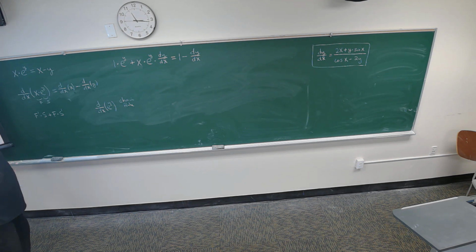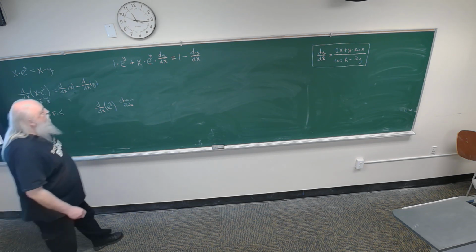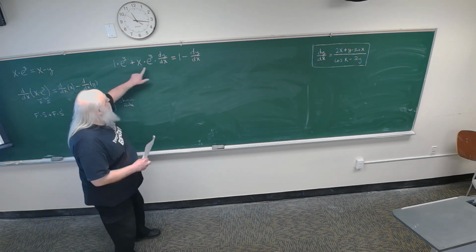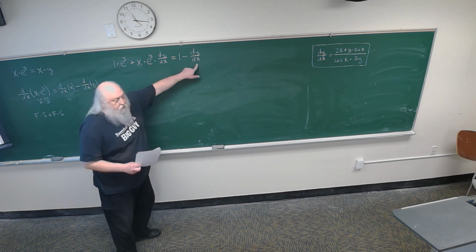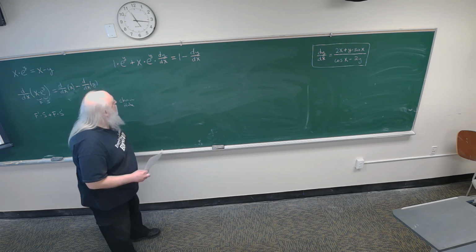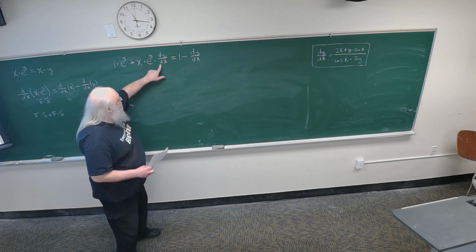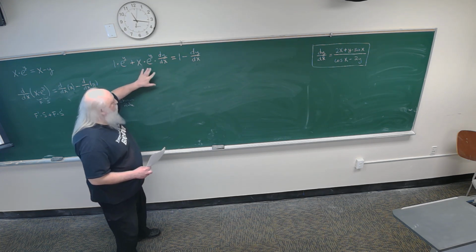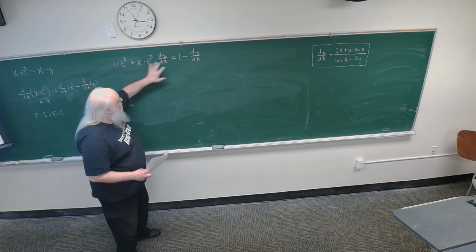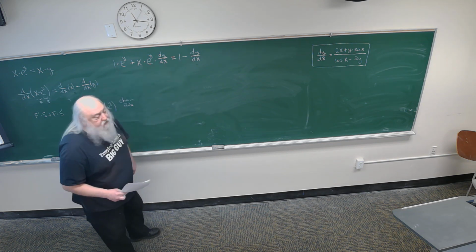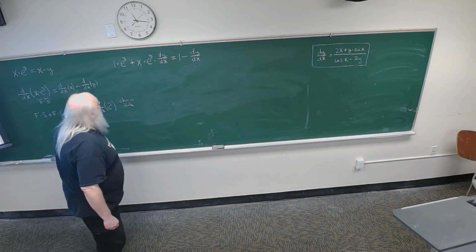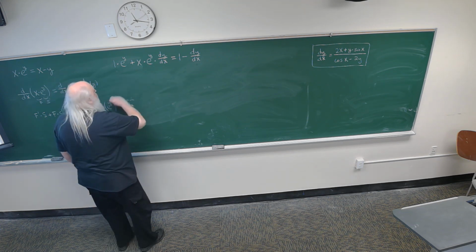All right. The strategy is the same as before. We have 4 terms in this equation, and we want all the terms involving the derivative of y with respect to x on one side, and all the terms without the derivative of y with respect to x on the other side.